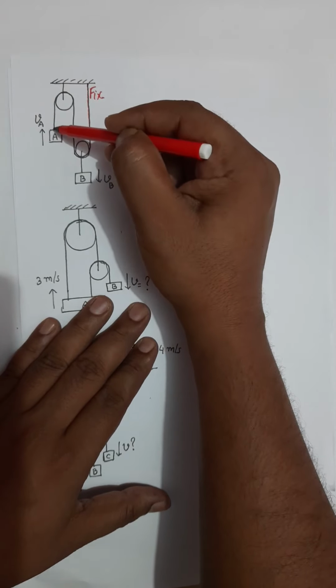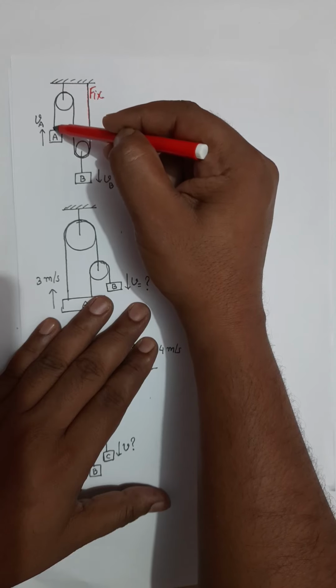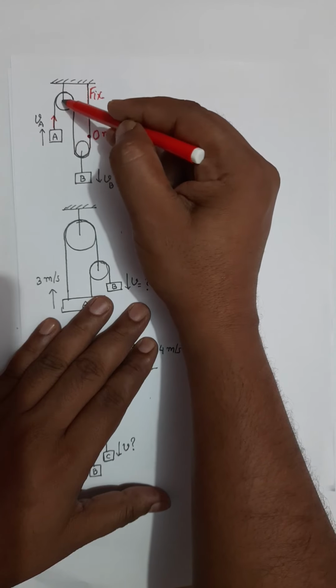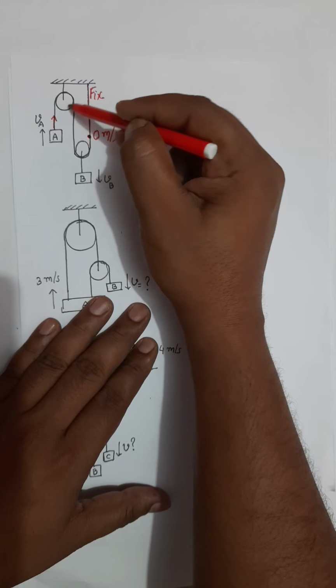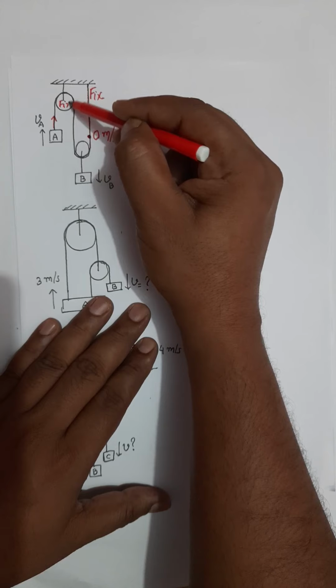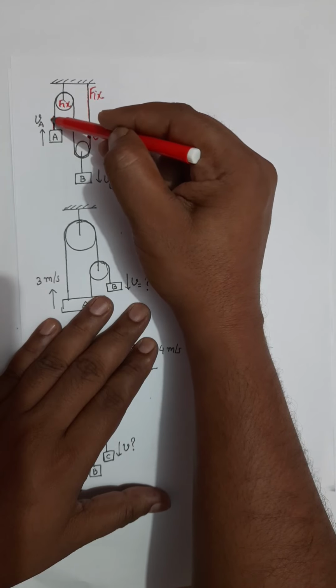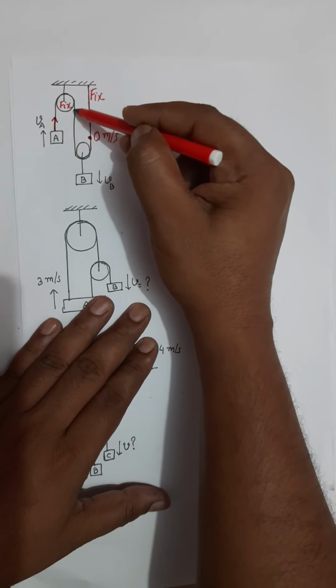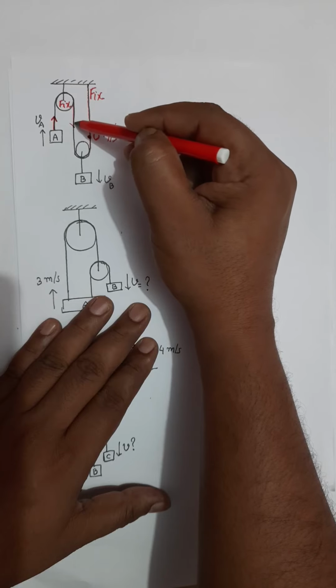And if this string is going upward with VA and this pulley is fixed, we have a fixed pulley here. So this block A is going upward with VA velocity, definitely on this side the string will come downward with VA velocity.